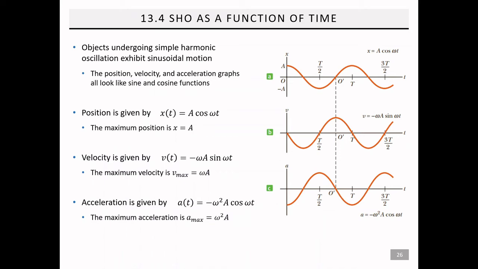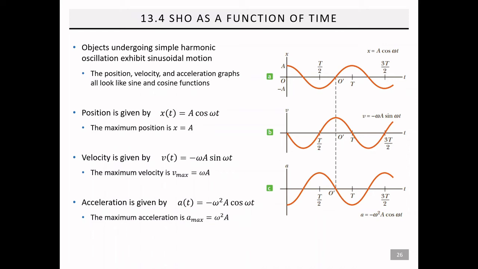So far, we've only looked at the objects at specific points of the oscillation. Specifically, we've been looking at the amplitude positions and the equilibrium position. But the object moves continuously along the entire oscillation. Right? So the position, the velocity, and the acceleration are changing during this entire oscillation.